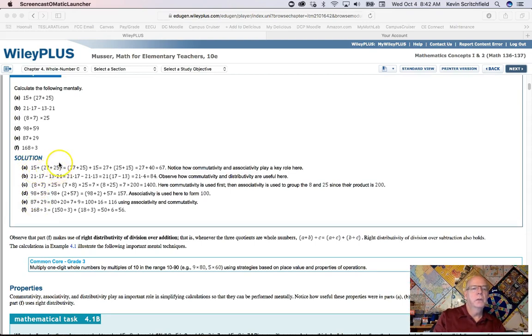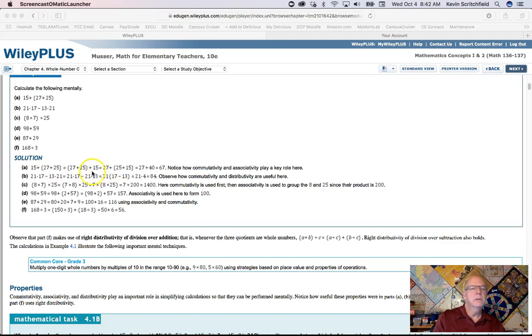So in order to do this problem mentally, we want to rearrange this. We're using the commutative property of addition here, and because the 15 and the 25 are numbers that already have fives at the end of them, it makes them much easier to add. So we're going to change this to where we add the 15 and the 25 first.